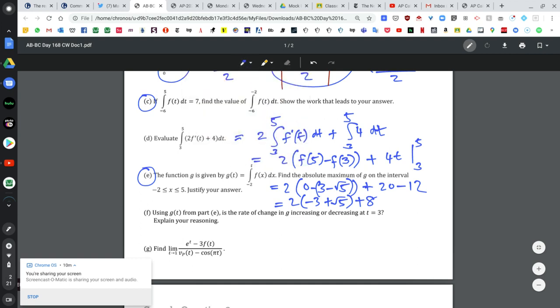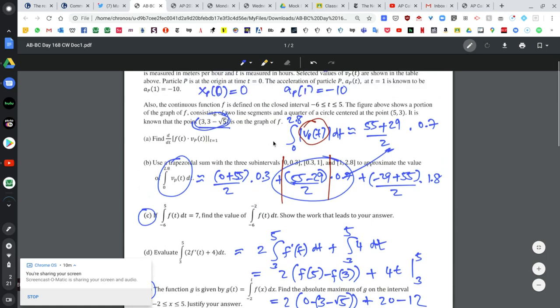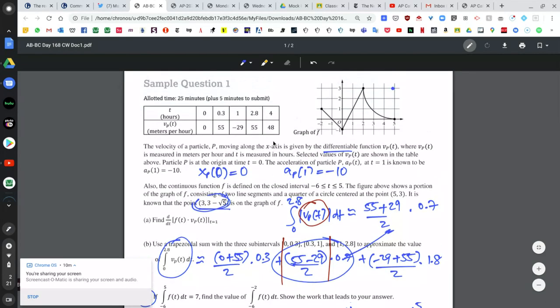But otherwise, how do we always do limits? Evaluate the function. So sidebar, so that's e of 1 minus 3 f of 1, correct, over vp of 1 minus cos pi. So that's e minus f of 1. And f of 1 is nothing but 1.